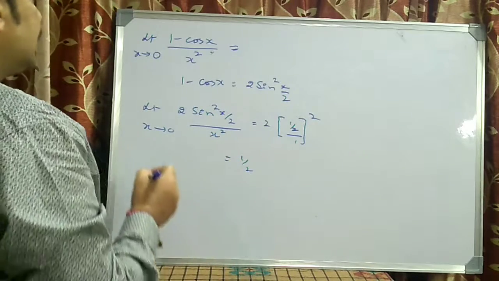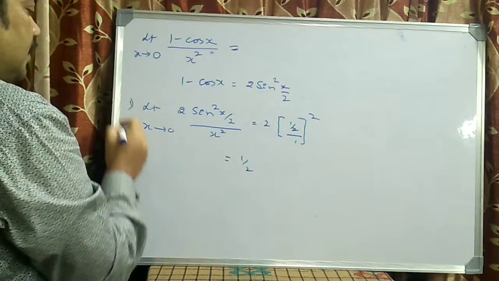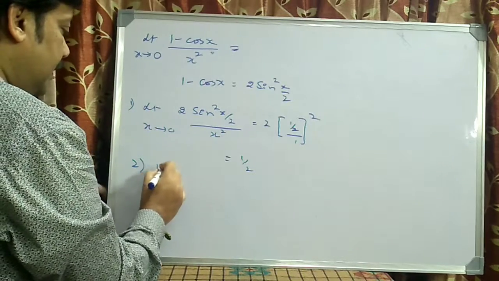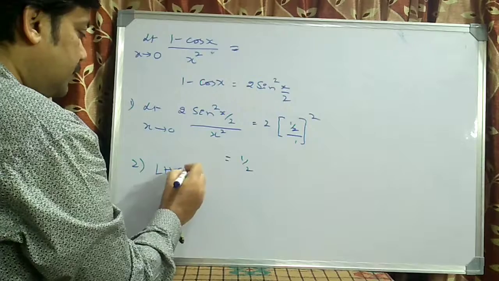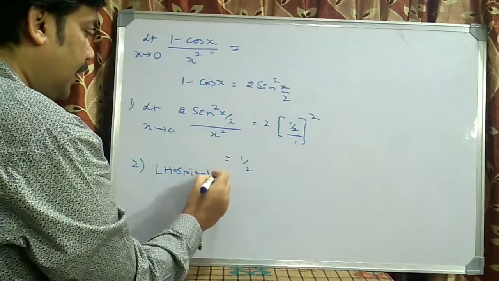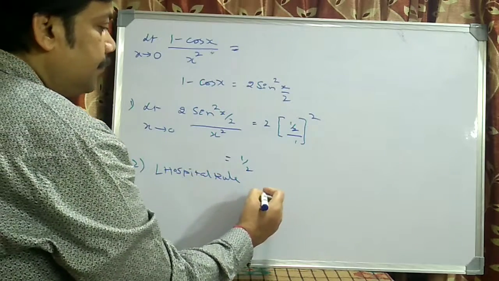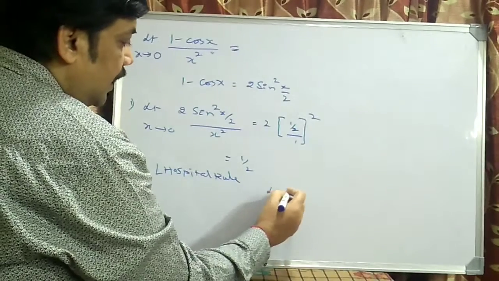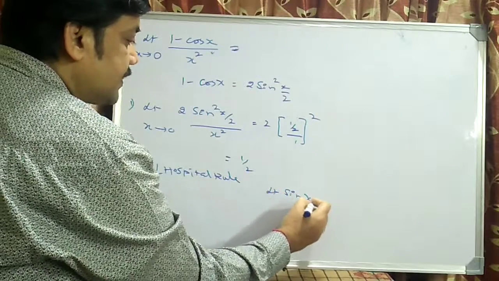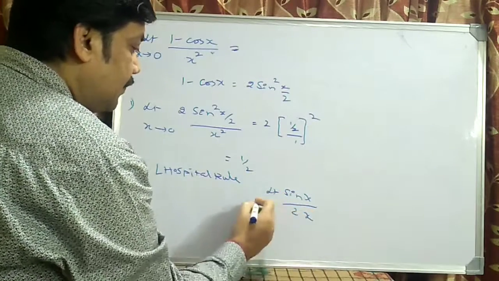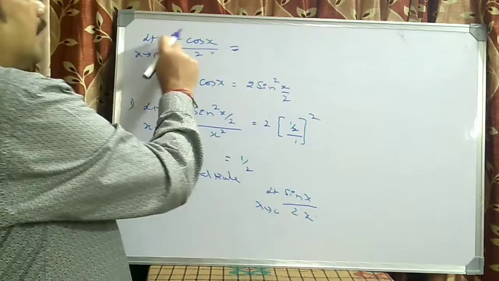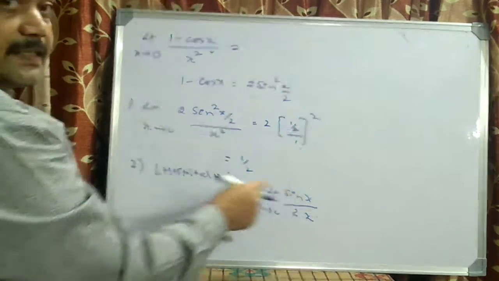Or you can use another way also. This is the first method. The second method is L'Hospital rule. Using the L'Hospital rule, I differentiate the numerator and denominator. So what I have is limit sine x by 2x. If I differentiate 1 minus cos x, I get plus sine x.